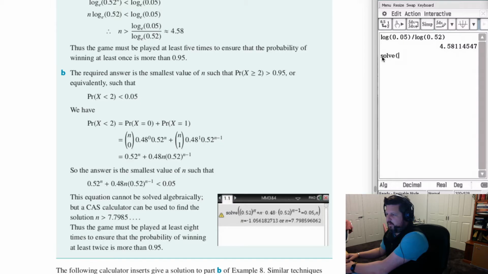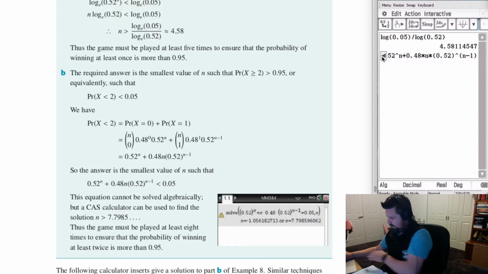In this case, we've got 0.52 to the power of n, and we're adding on 0.48 multiplied by n multiplied by 0.52 to the power of n take away 1. And when we have this, we're working it out for less than 0.05. For the sake of this, we'll just do it equal to 0.05.